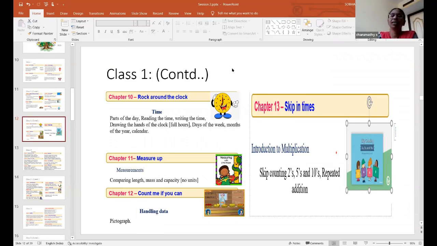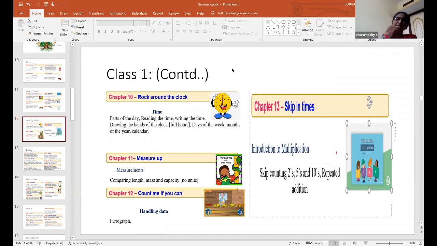Actually, with a lot of hesitation, we have given the 13th chapter, introduction to multiplication. Ma'am, division is too high for class 1. So we insisted on picturized concepts only, not the tables.